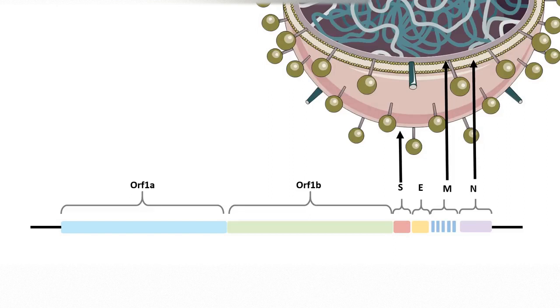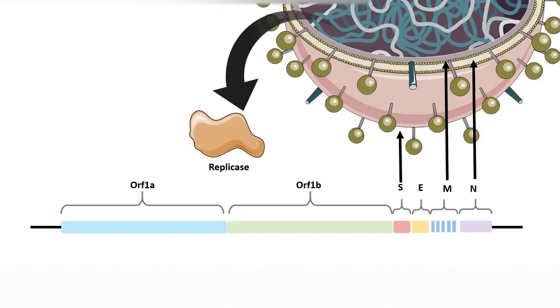So, if the virus is there inside your body, you can at least detect the RNA corresponding to these enzymes or these proteins. Among the most important proteins that the virus needs for its survival is encoded by the ORF1A and ORF1B region, which encodes for the replicase, which is important for the viral replication.